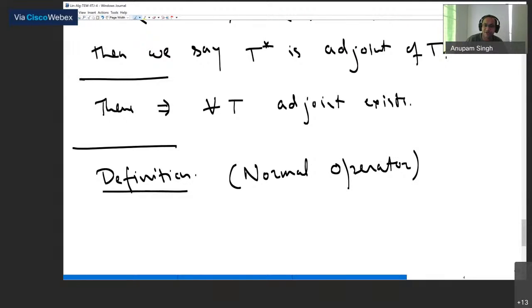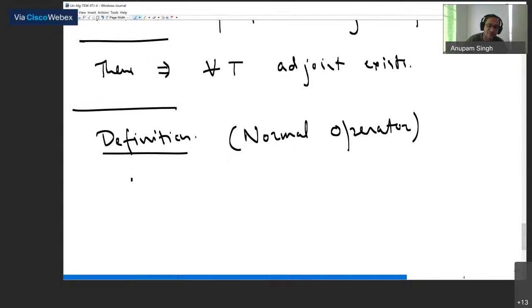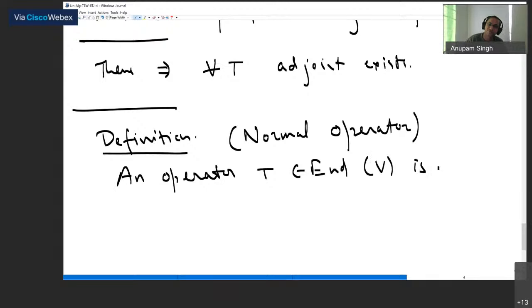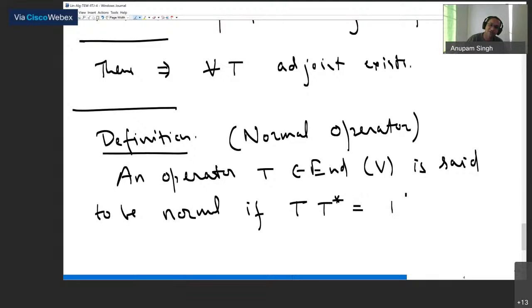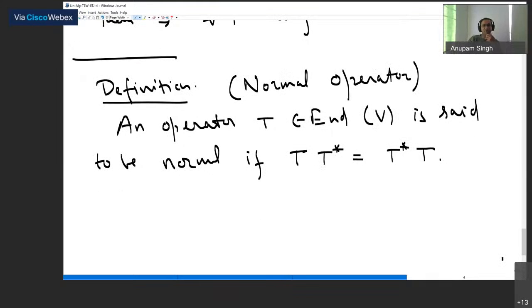The definition of a normal operator looks a bit strange at first sight. An operator T in V is said to be normal if it commutes with its adjoint: T T star is T star T. Okay, so it looks like we can't say much about such operators because the equation looks very strange.